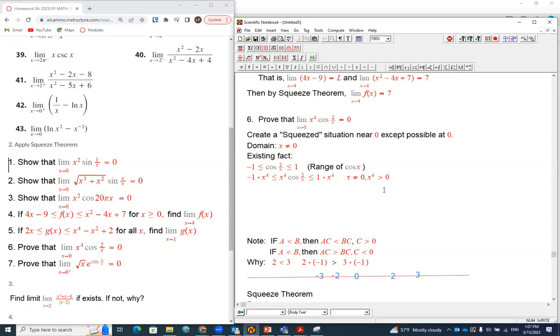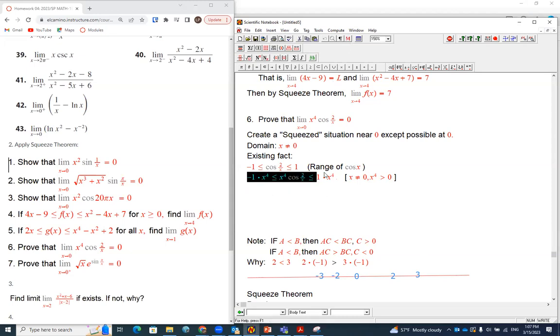But anyway, this step is because x raised to the power 4 is positive. You multiply by a positive number, and so this property applies. So what do we get?